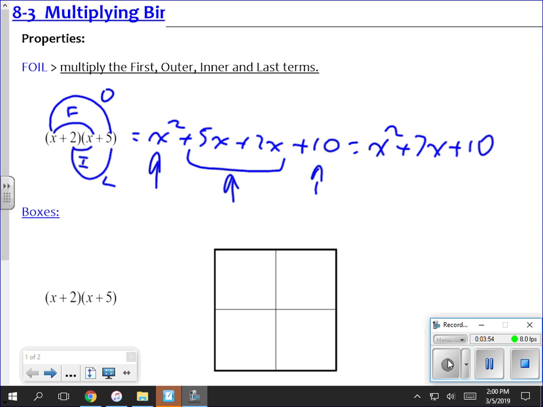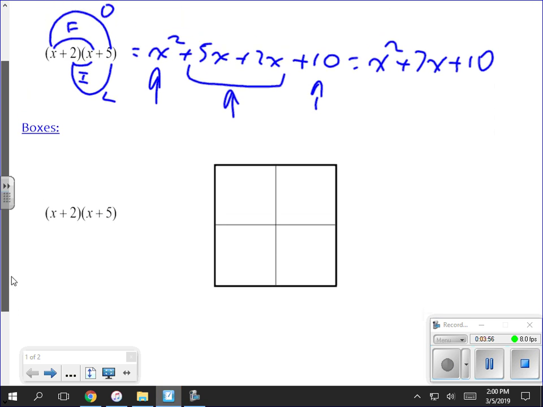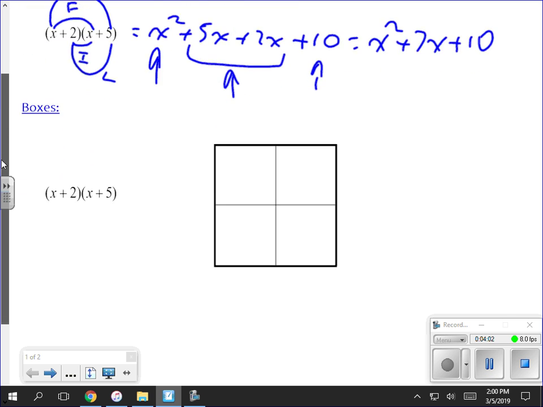Now, the other method is the box method. I like this one too. And if I do anything other than two binomials, I always use a box. Box method is easy. What's the first thing I'm multiplying? x plus 2.